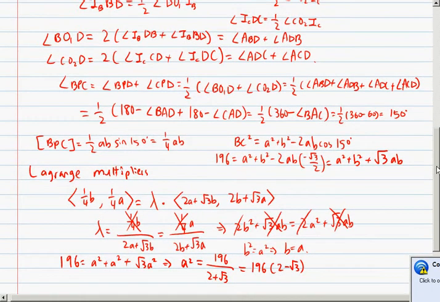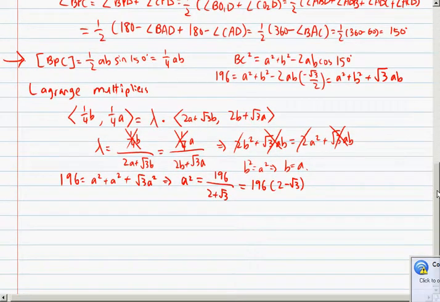Now, looking back at this equation, we see that the area of BPC is equal to 1/4 AB. And that is the same thing as 1/4 A squared.